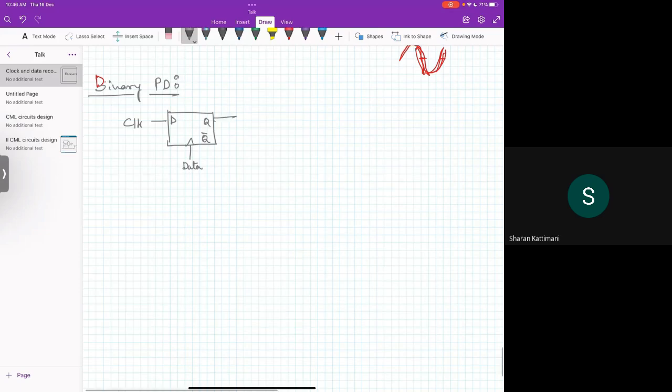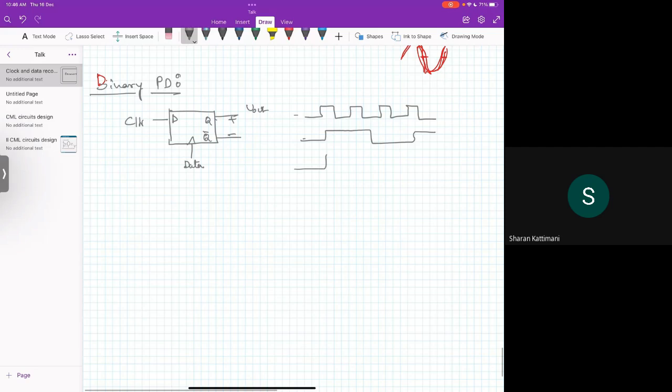Okay, so this is V out, and this is plus minus. So let me quickly draw the waveform. Let's assume there is a small delay in data, something like this. So the V out will be based on this, something like this.